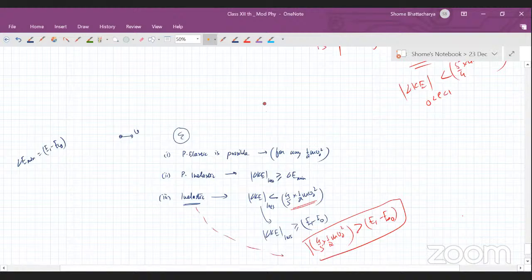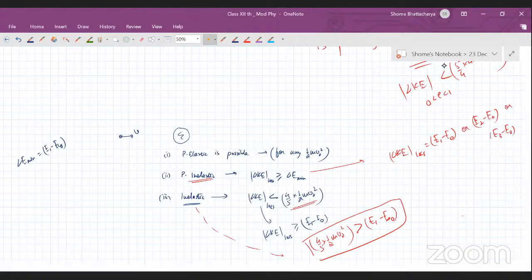Okay. Now, for perfectly inelastic, what are the conditions possible? That this loss is either equal to E1 minus E0, or it is equal to E2 minus E0, or it is equal to E3 minus E0, and so on and so forth. So I want the minimum value such that this is also possible, but along with this, this is also possible.